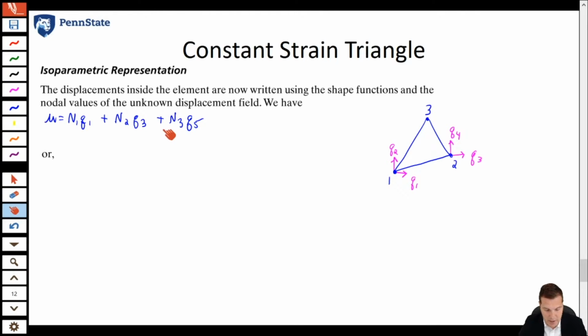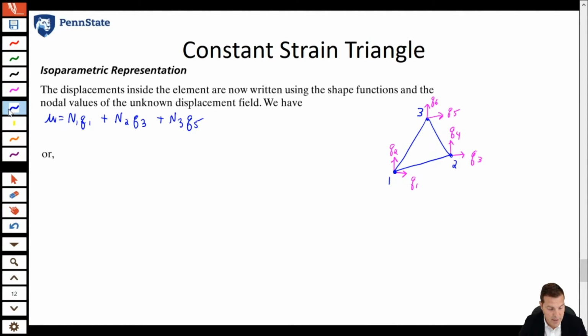Likewise, you can guess that for N3 we're going to have Q5, and because I wrote this a little bit backwards here, Q6. All right, so that's why it's written like that.